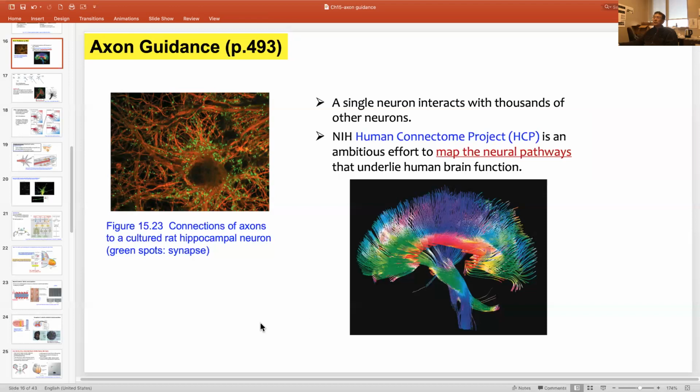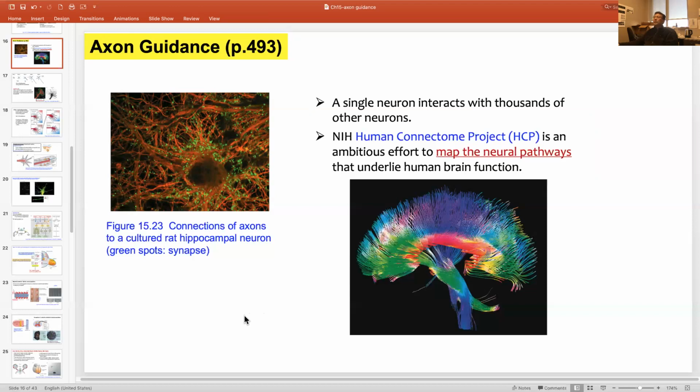Very complicated technologies are involved, not only histological techniques but also computational techniques, to resolve all these connections. So this kind of project is interesting.